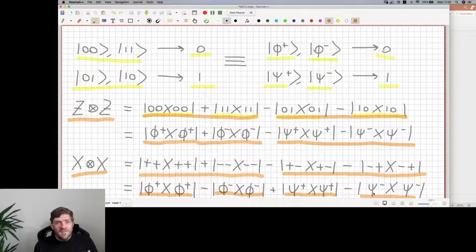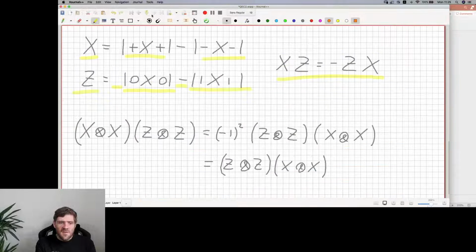So this is a fundamental difference between ZZ and XX measurements with just single qubit Z and X measurements, because we find that if we have XX and ZZ and we look at their commutation properties, then the fact that Z and X anti-commute with each other means that for 2 we will get 2 factors of -1.